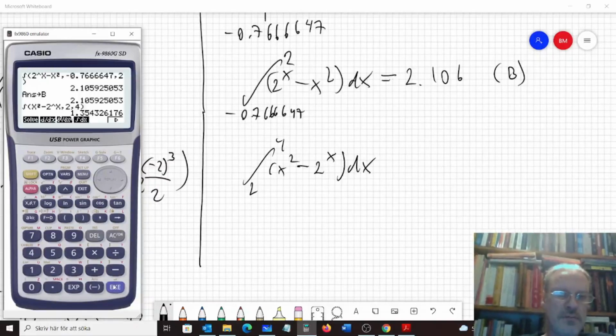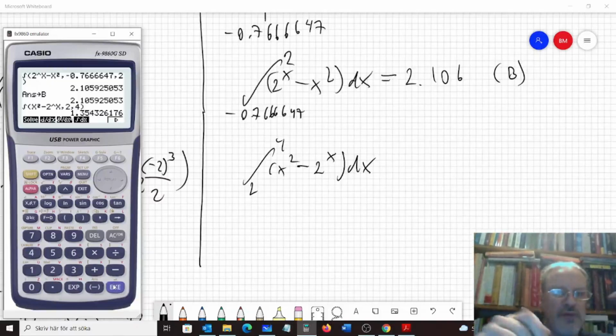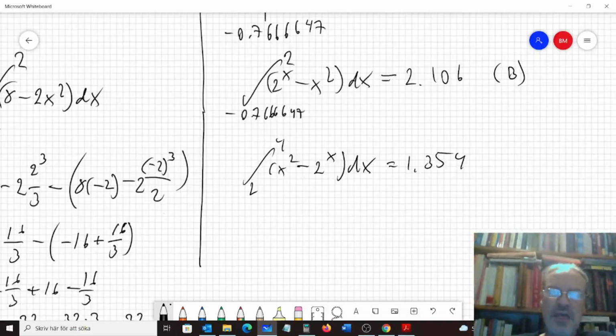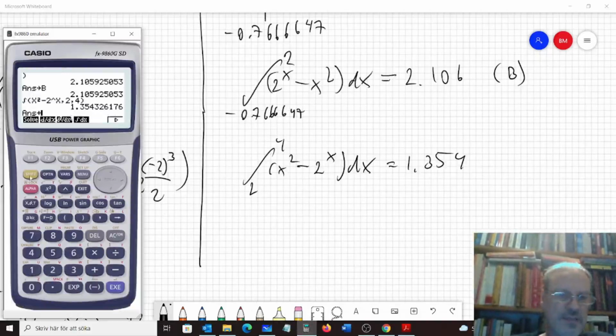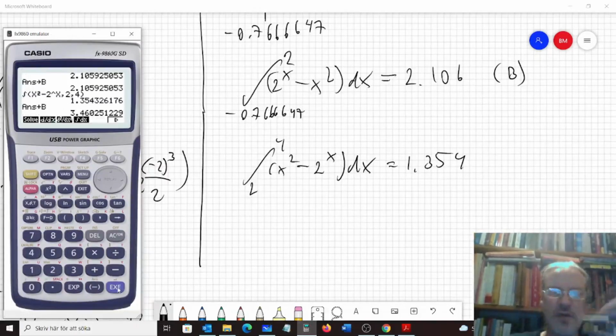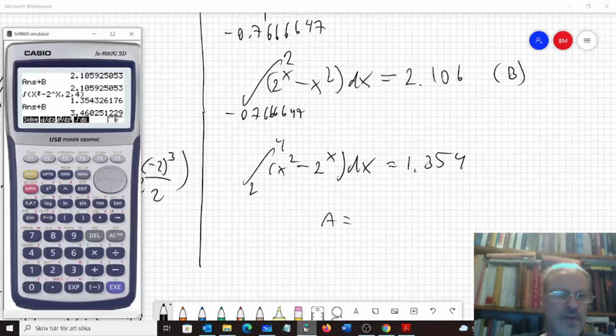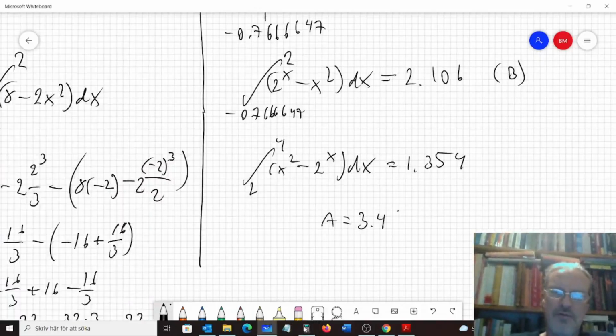And we get 1.354. We add b to this, so plus alpha b, and that will give us a total enclosed area of 3.46. We round to three significant figures, 3.46. So we have solved the problem.